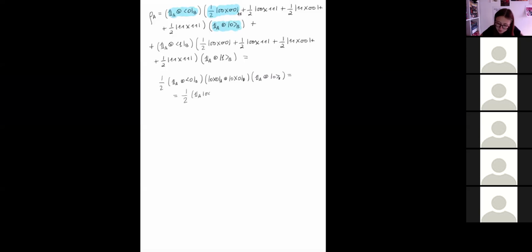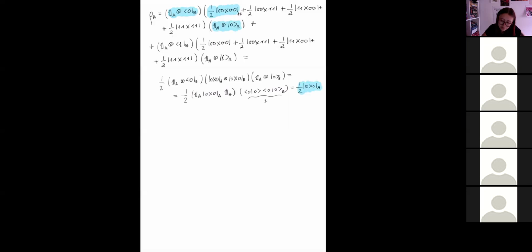Then we separate our action again in two parts, on A and on B. So this gives us 1. So we arrive at 1/2, 0, 0 on A. This first part just gives us 1/2, 0, 0 on A.